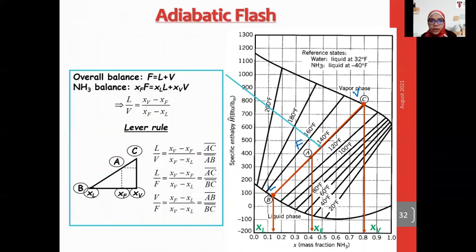For example, to obtain the composition, you can apply this rule. L over V is AC over AB. Okay, you can apply this lever rule to obtain the composition.